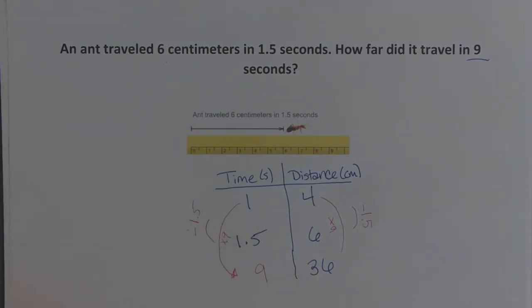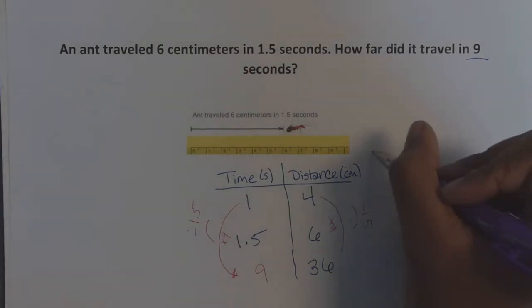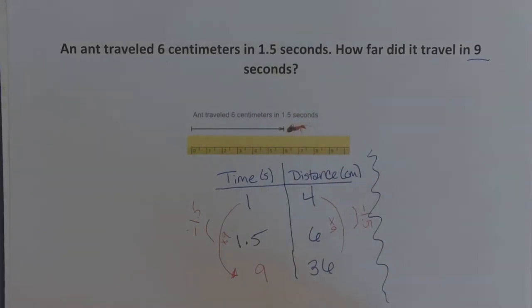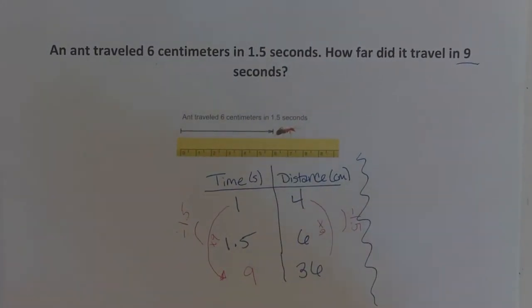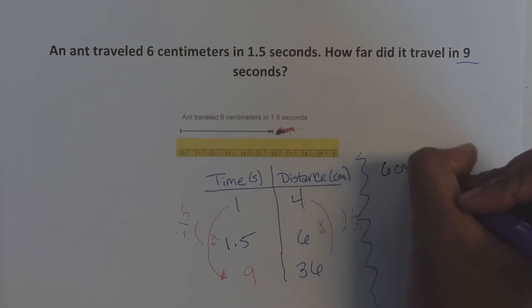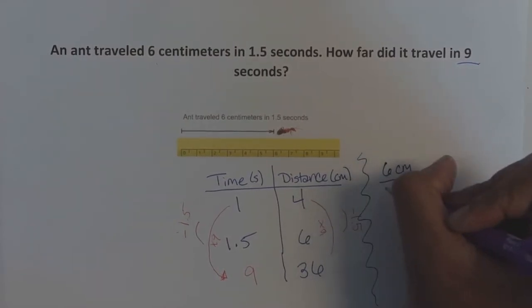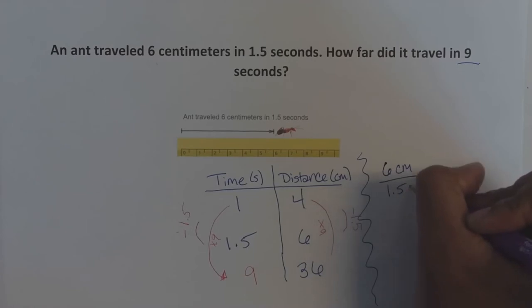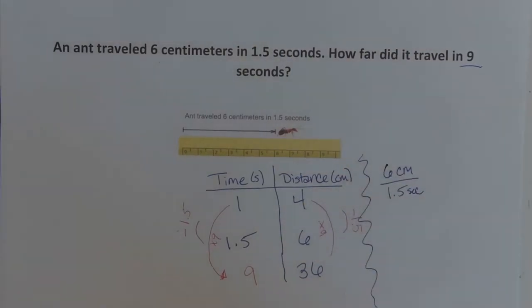Good job. Another way we can do this is we can do this as an equivalent ratio. So let's scoot this over just a little bit. So based off of my problem again, I can do 6 centimeters per 1.5 seconds. Make sure you write those units.